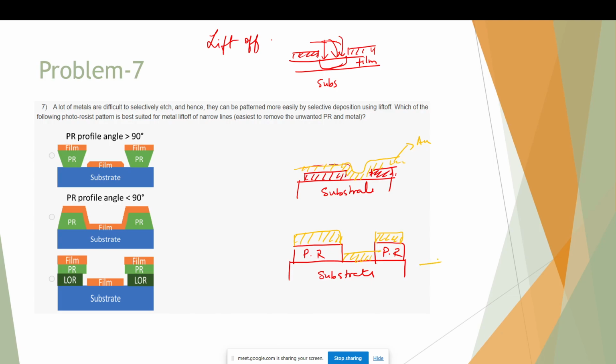This photoresist can be removed by acetone, IPA and then a DI water rinse. We learned this in the cleaning lecture, or we even have specialized PR removers for that. So by putting in a PR remover or acetone and IPA, we can remove the PR. Once the PR is removed, the gold on top of the PR will also be removed and we will get just gold at these places.